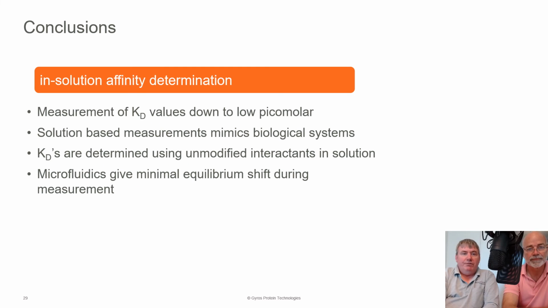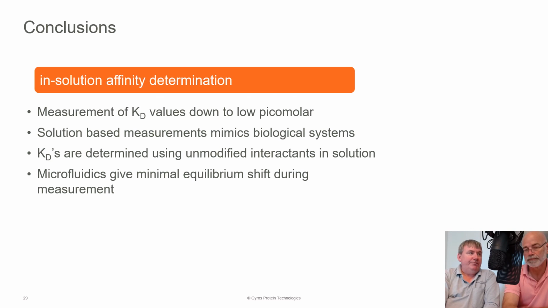So we've given you an overview of in-solution affinity determination, an example, and shown you how the method was set up and how the decisions were made about the concentrations of both fixed and variable components. It is important that you set the experiments up correctly and apply good scientific principles, and the good thing is that the system is very flexible.